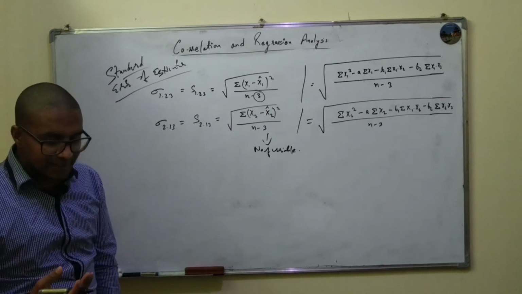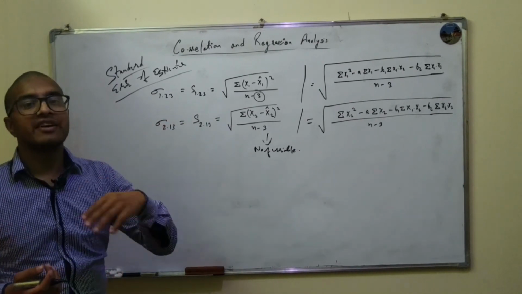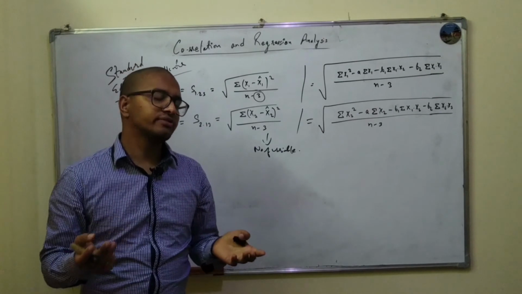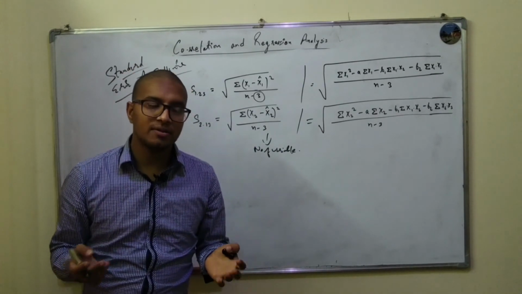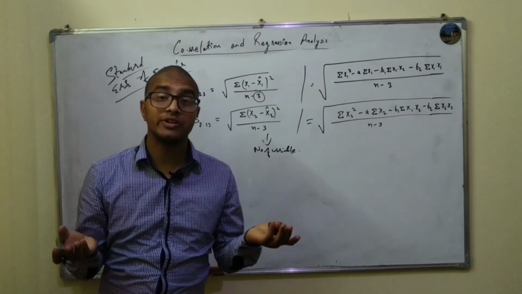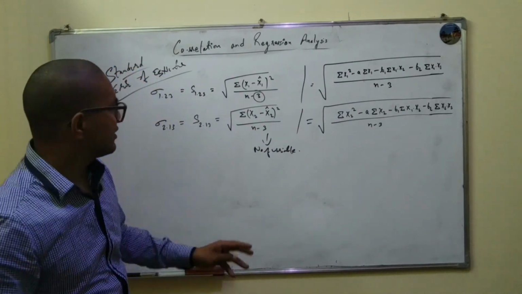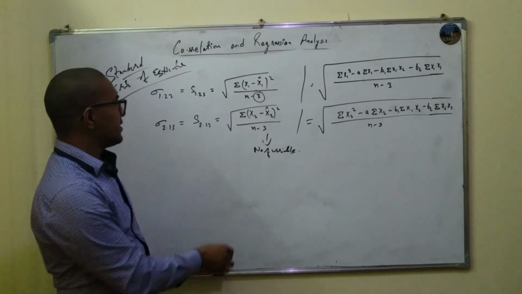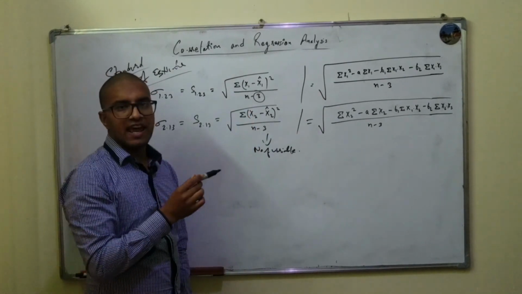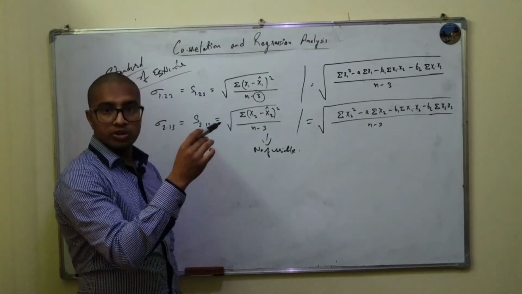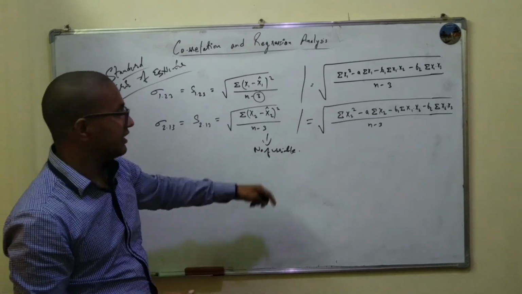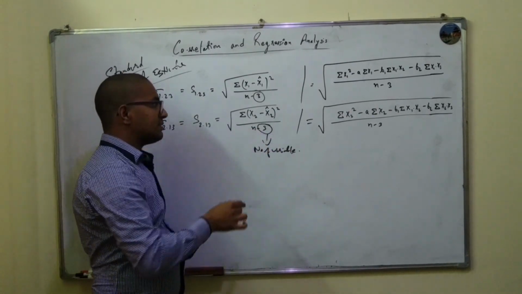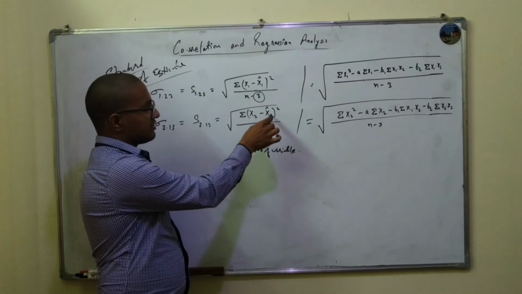That was the case where 1 is dependent on 2 and 3. Suppose 2 is dependent on 1 and 3, so what will you do? You just change this formula a bit. So s2.13, you will have 2's over here: summation x2 minus x2 hat whole square divided by n minus 3. The number of variables is still the same, that's why it's the same. The only thing that we change is x2.